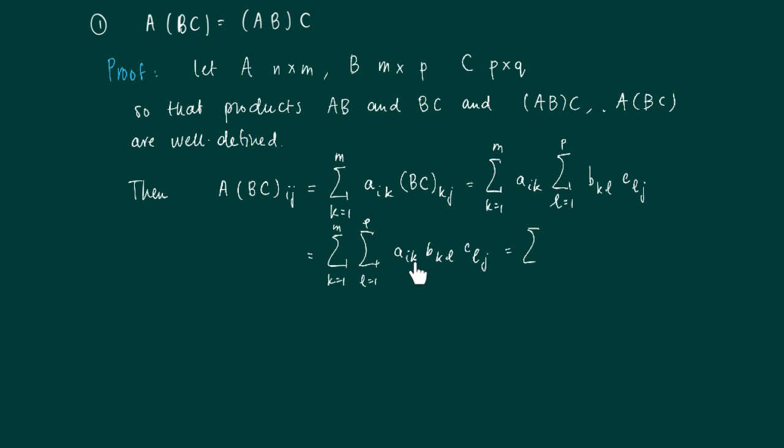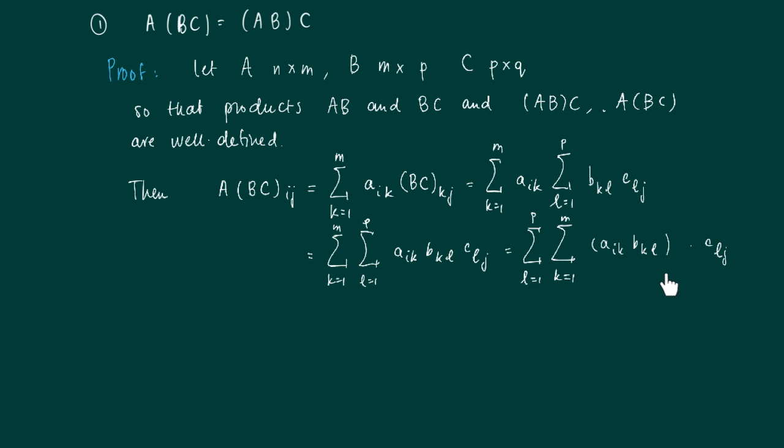So now we have an unordered triplet of constants, and we just may switch the summation signs. And now we take a_ik and b_kL together.